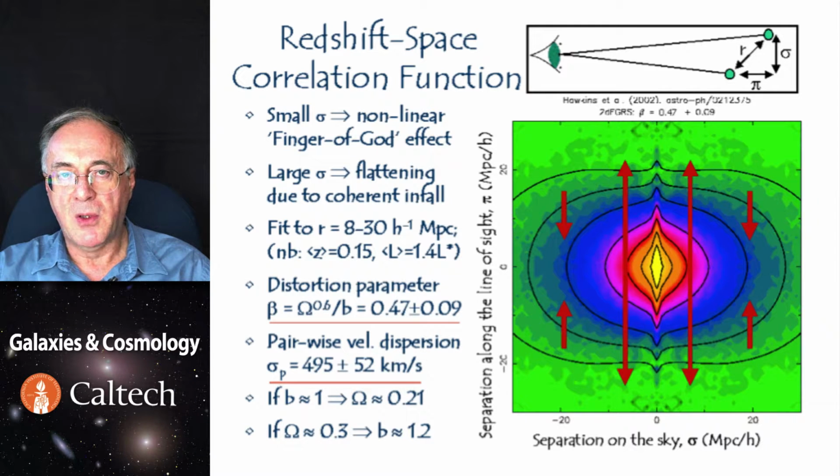At very small angular separations, which will largely be for galaxies that really are physically close together, like in clusters of galaxies, you see a vertical elongation, the finger of God effect. But for most of the rest, you see flattening of the distribution, which normally should be spherical. The flattening is due to that linear infall into the structures along the line of sight.